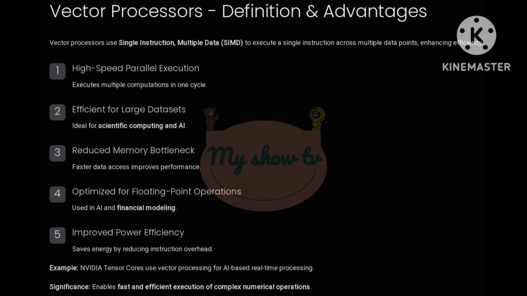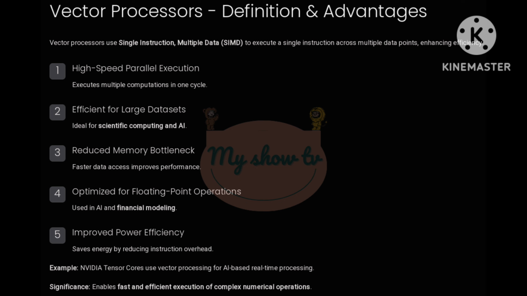Vector processors optimize these operations, making them faster and more power efficient. 5. Improved power efficiency. By reducing instruction overhead, repetitive fetching and decoding, vector processors consume less power per operation. Useful in low-power, high-performance computing like mobile GPUs and AI accelerators.